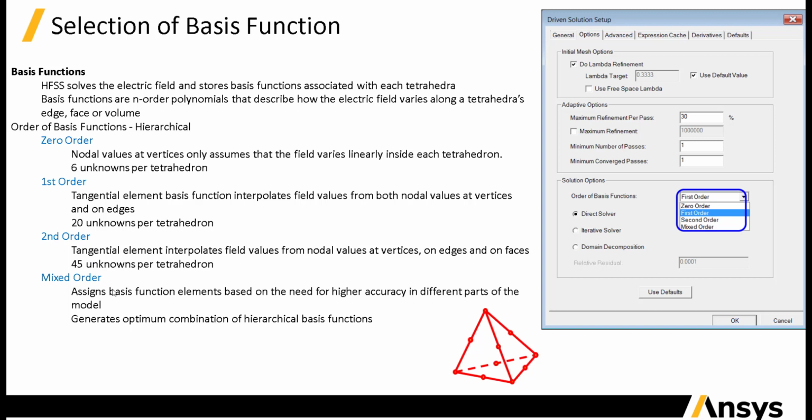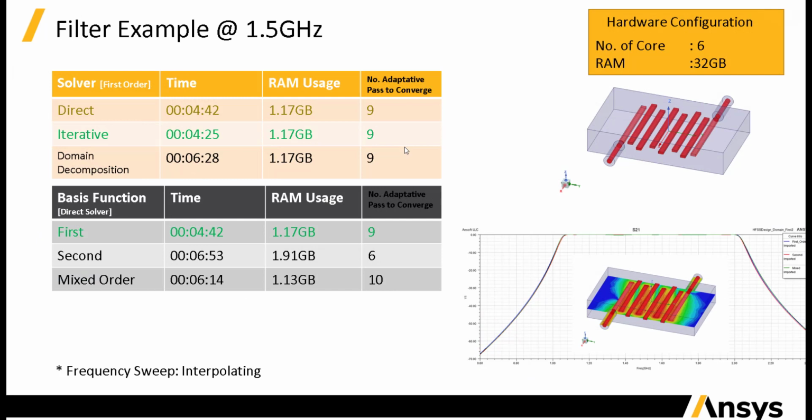Mixed order intelligently assigns different basis functions to different parts of the geometry. So you don't have control, but the solver will automatically assign it. So these are the main steps where you can try to reduce memory on the solver side. Okay, one on the different solvers, another on the basis functions. So let's see how this is going to impact.